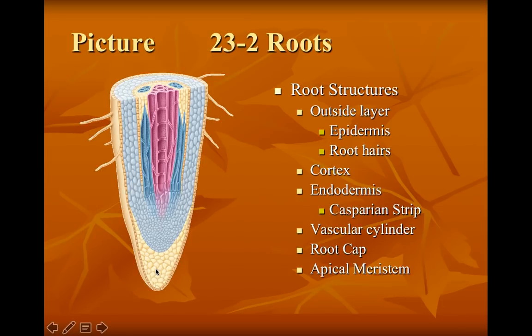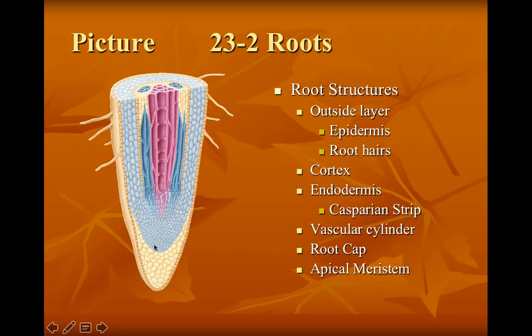The root cap is this lighter beige tip that you see at the end of this root, and that root cap is very helpful for protecting this area right here, which is called the apical meristem. Remember, meristematic tissue is where growth will happen, so these cells will divide rapidly and cause this root to get longer and longer. As the root is growing through the soil, it's going to be rubbing up against the soil.